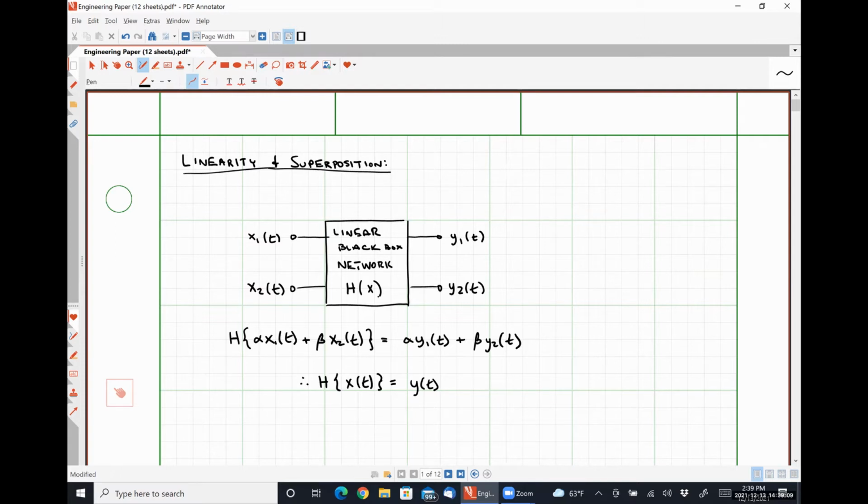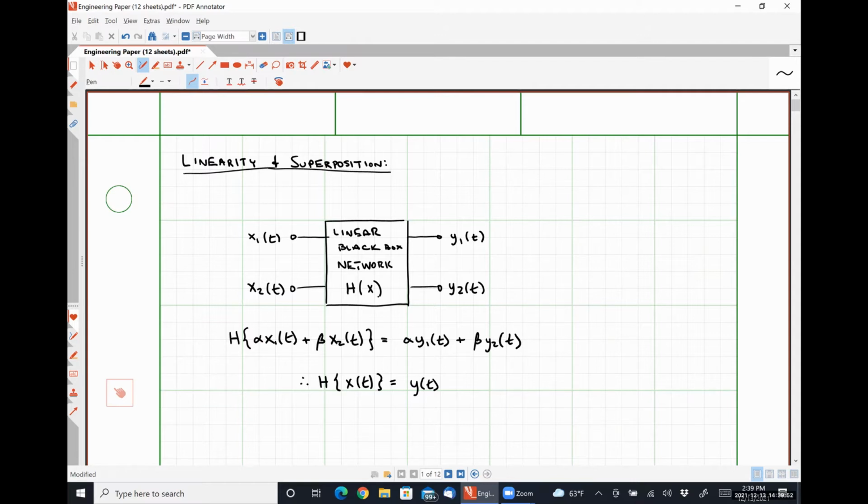So let's talk about what this mathematical statement is trying to say, okay? So H represents how our system acts on our inputs to produce our outputs, right? So it's more commonly called a transfer function, all right? So the first part of our expression, H acting on that alpha blah, blah, blah, is just saying how the system acts on our inputs. Now, alpha multiplied by x1 of t is just a scaled version of that input signal.